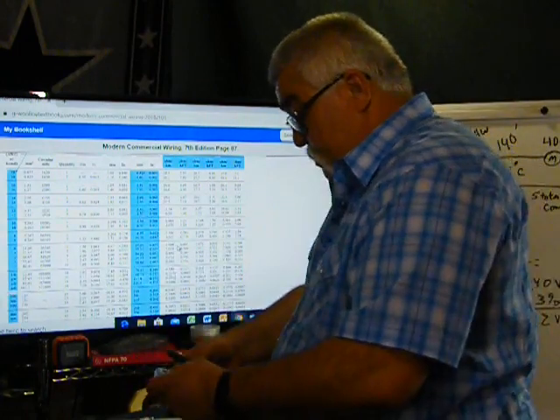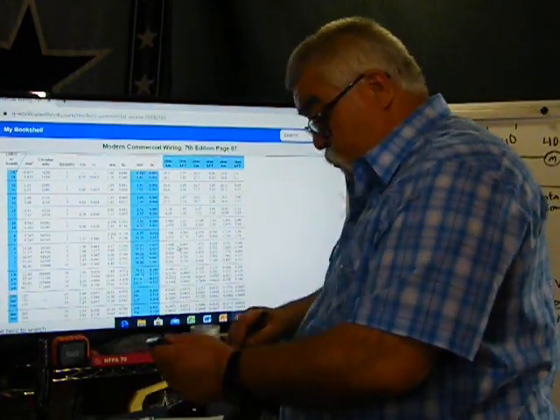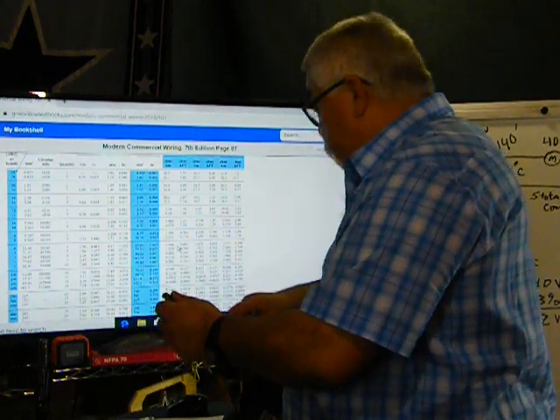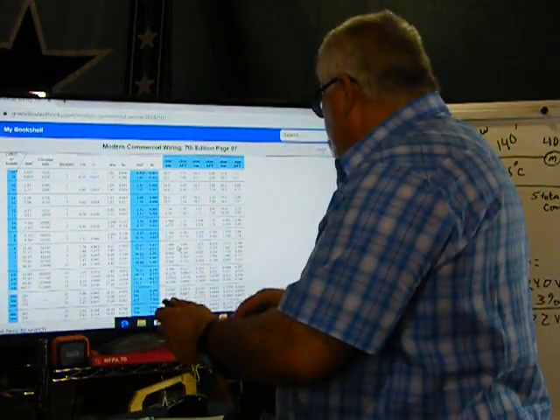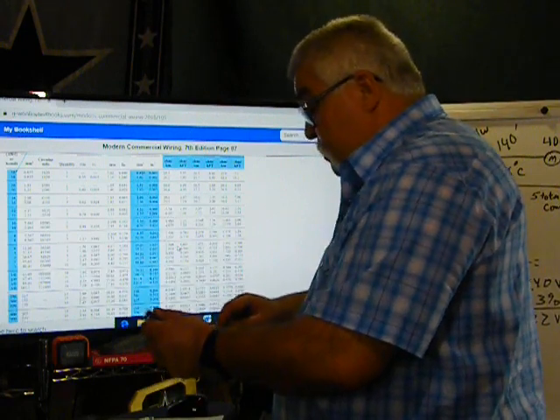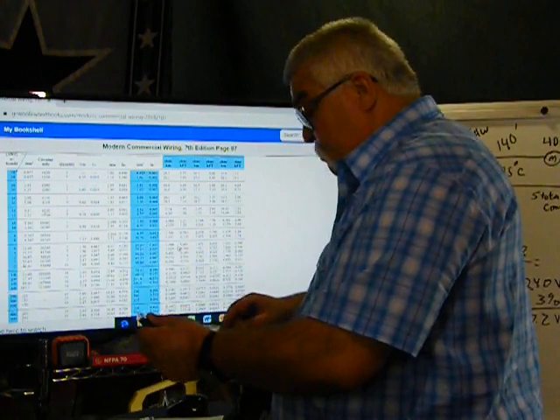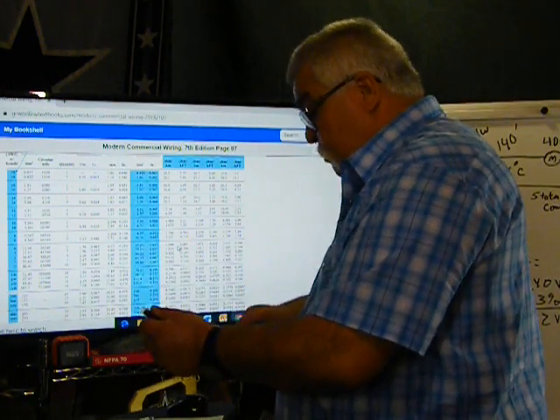Voltage drop, if we use exact K, it would be 0.778 times 16510 divided by 1,000.